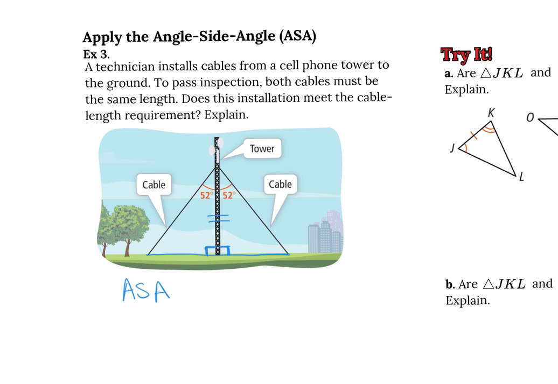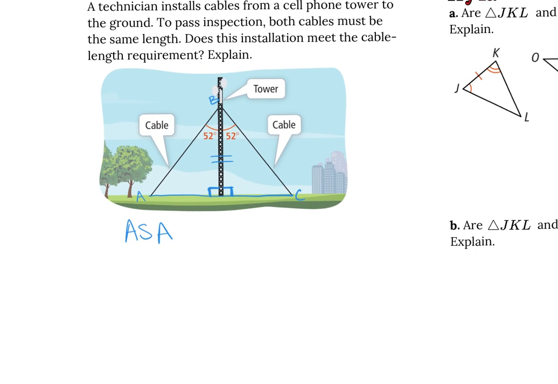They're asking if the cable lengths will be the same. If I label each of these angles, then we can prove that side AB is congruent to side BC through corresponding parts of congruent triangles are congruent.